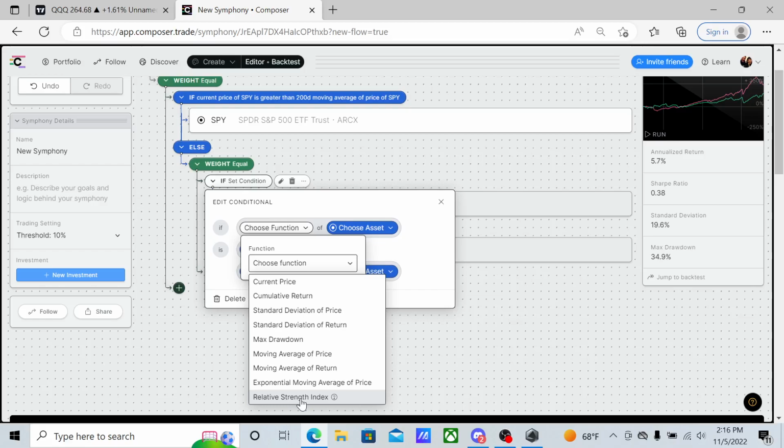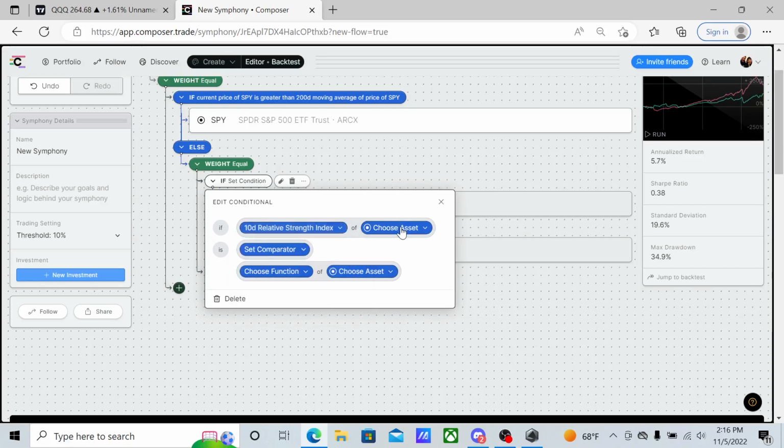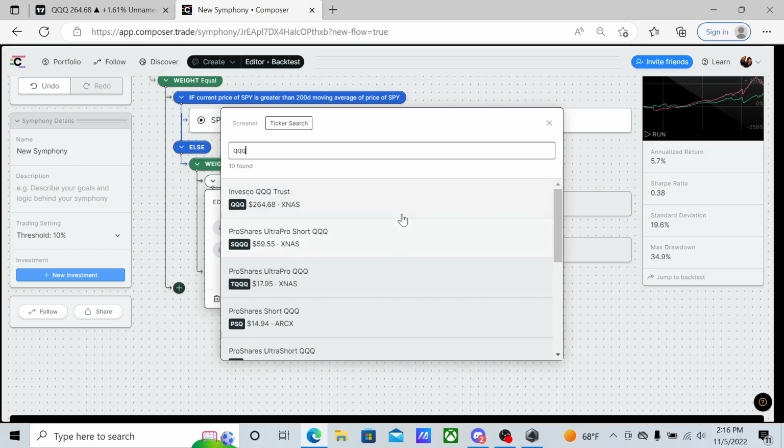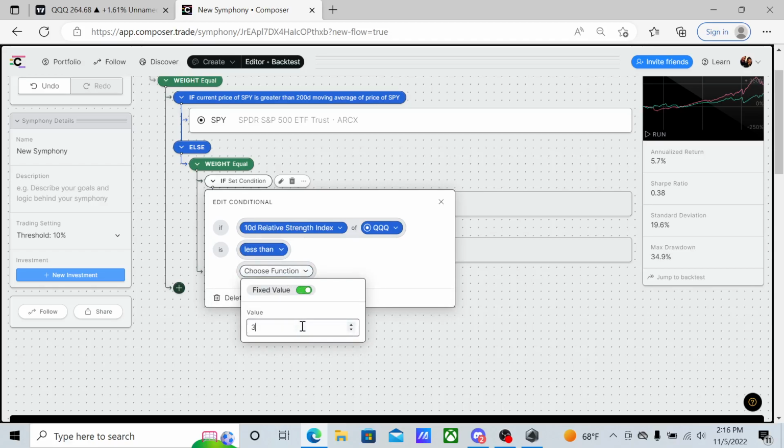So the way you would do that is relative strength index, 10-day window of QQQ. And you could do it with SPY too. It doesn't really matter. You could do it with Dow Jones, whatever you want. Less than 30.